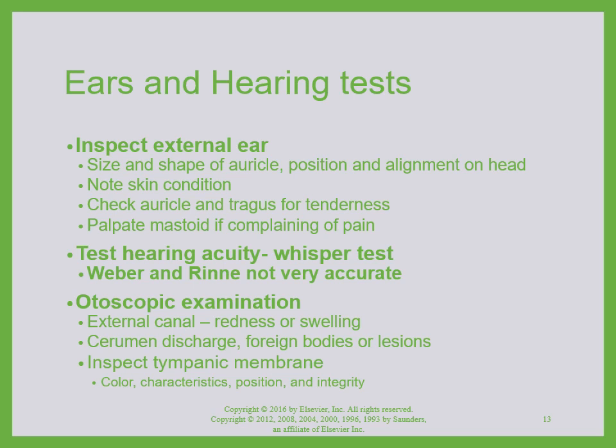If there's blood and fluid leaking from the ear, the concern then is a ruptured tympanic membrane, which could be a sign of a basilar skull fracture or direct trauma to the ear. And in that case, we as the staff nurse would not probably be doing an otoscopic exam. You would leave that to a higher level provider because you don't want to introduce anything into the meninges.